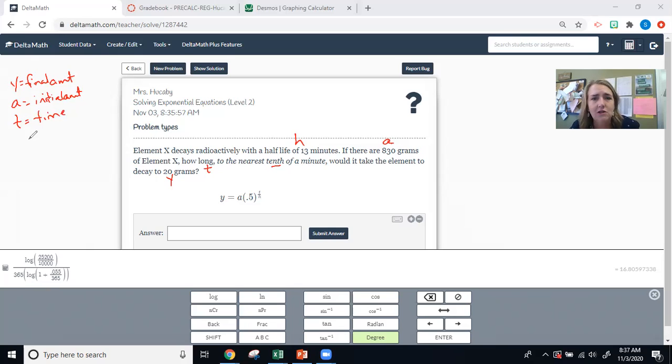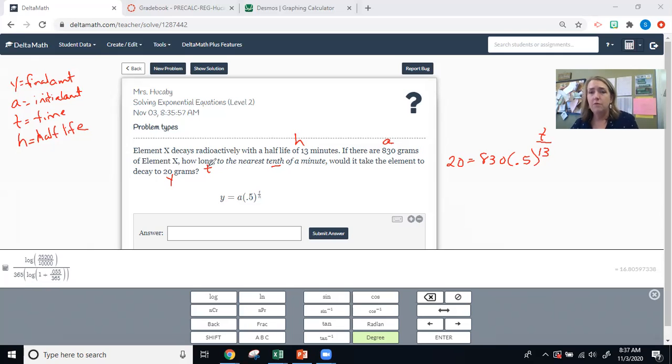And then H is your half-life. So let's plug all this in. I have my Y. My Y is 20 equals my A is 830 times 0.5. So I'm going to have a fraction as my exponent. T is what we are trying to solve for. And my H is 13.